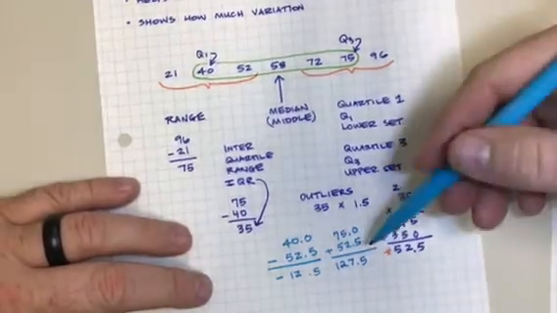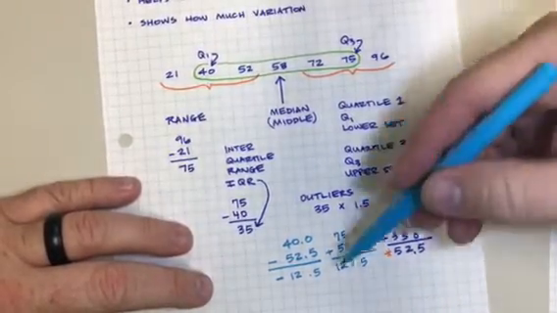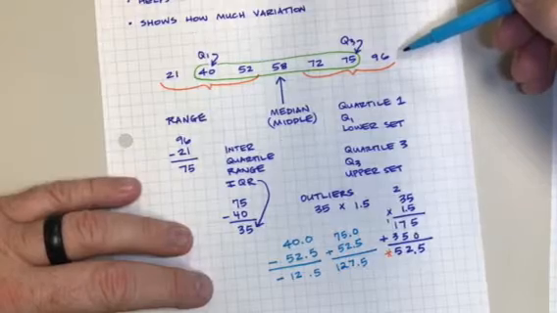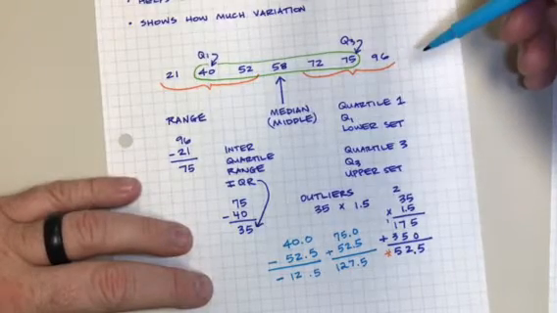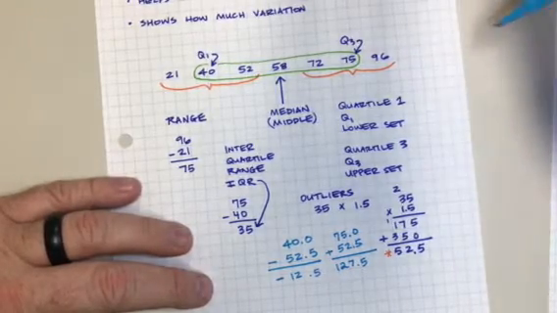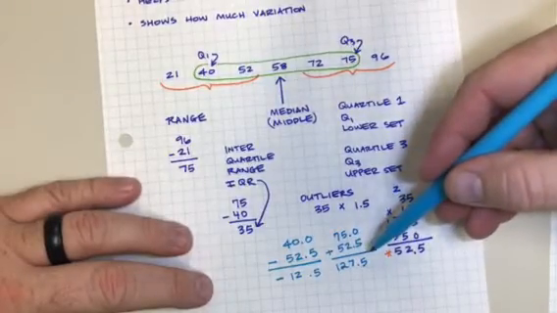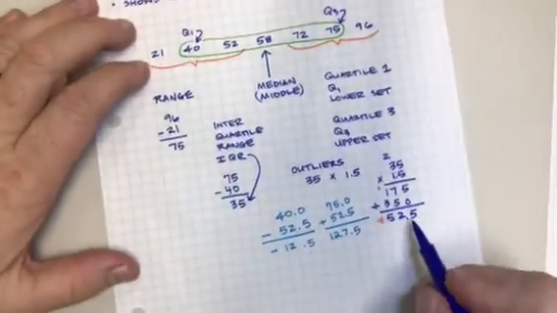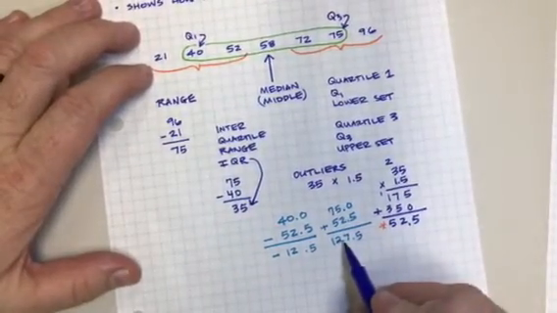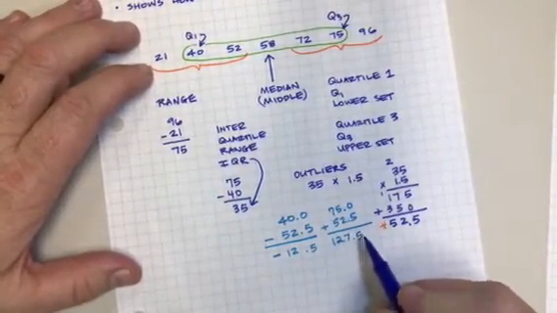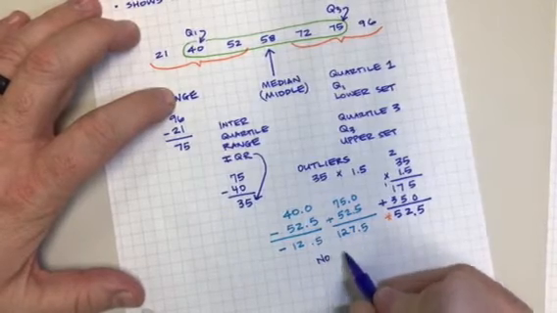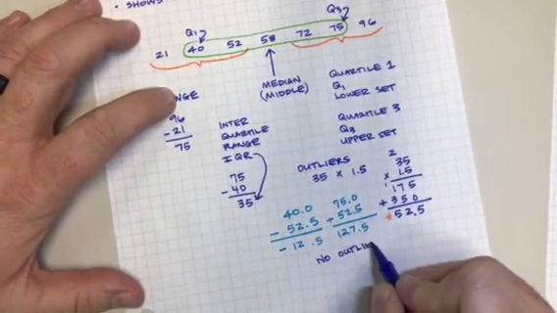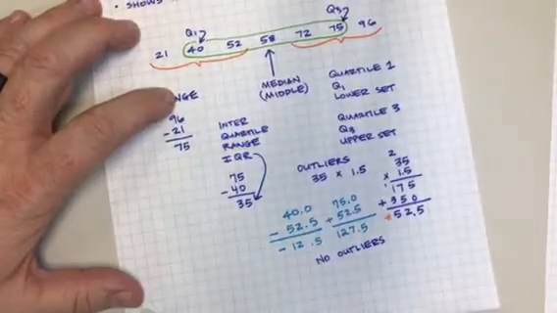That means if 127.5 was in my data set, that would be an outlier. Or if I had 130 or 140 or anything larger than 127.5, that would be an outlier. I've used that special number to tell me how far I have to go to find an outlier. And in this case, I had no outliers in this set of data.